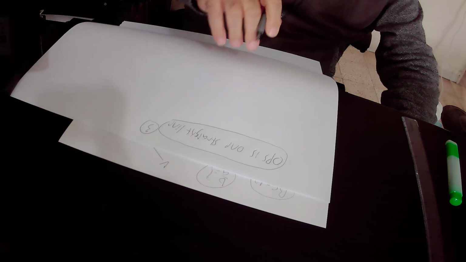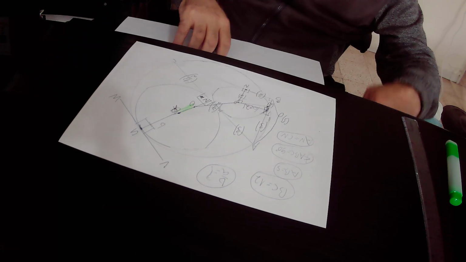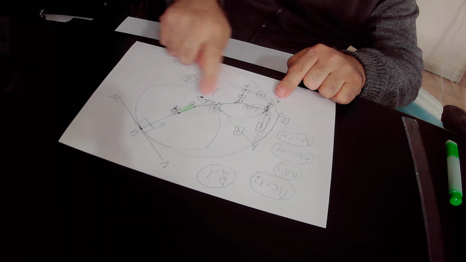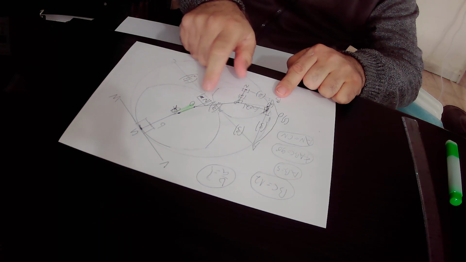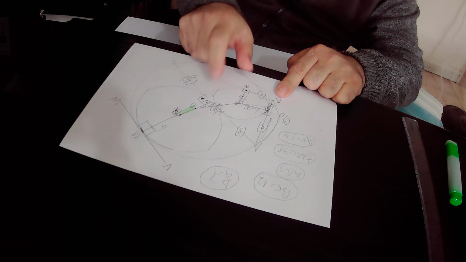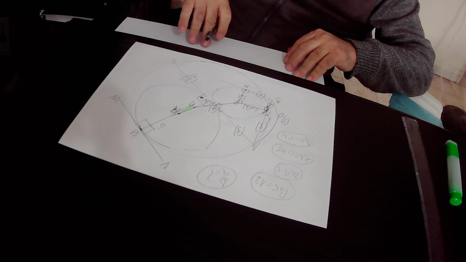If OPS is one straight line, it means that SO minus SP equals PO. So I write it down.